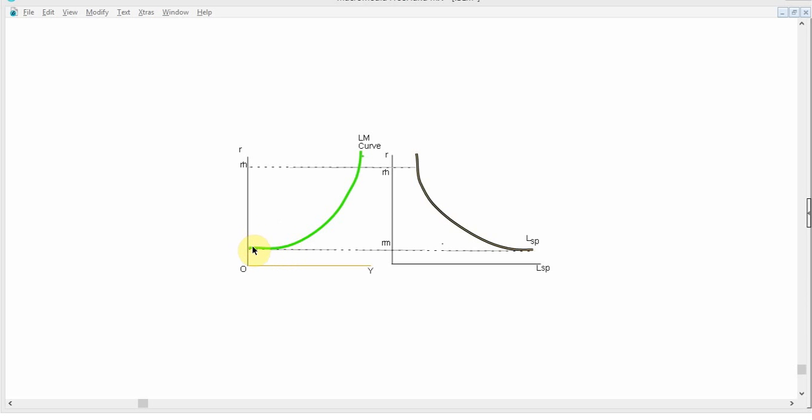There is no historical evidence that some economies have experienced the liquidity trap. So this part and this part are not usual shapes. They refer to very specific situations where the rate of interest is excessively high, or the rate of interest is very low.